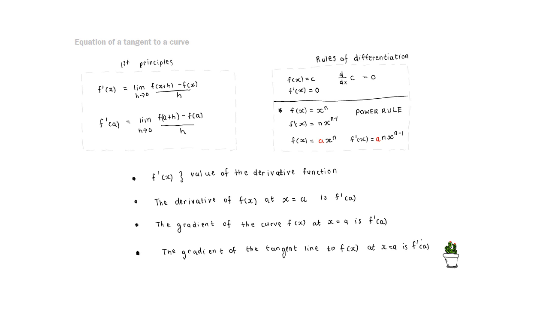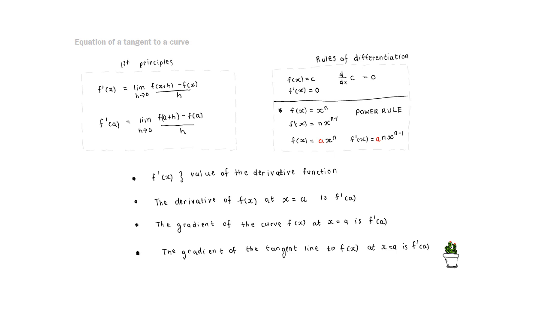So all these things mean exactly the same thing. You need to understand that when you are calculating the value of your derivative function, that is the derivative of f of x at a point x equal to a.